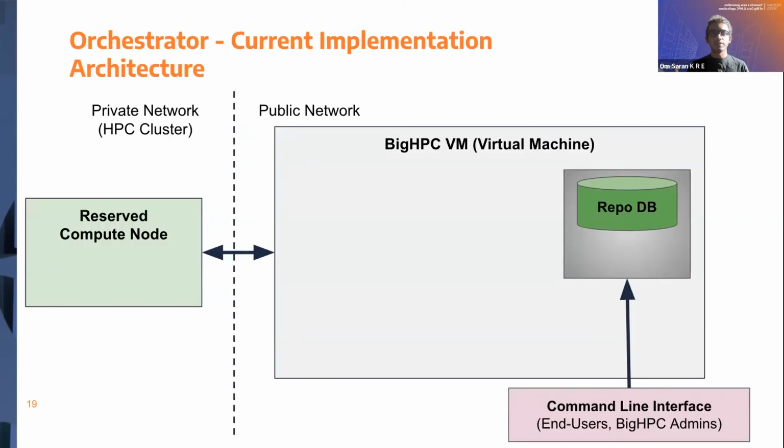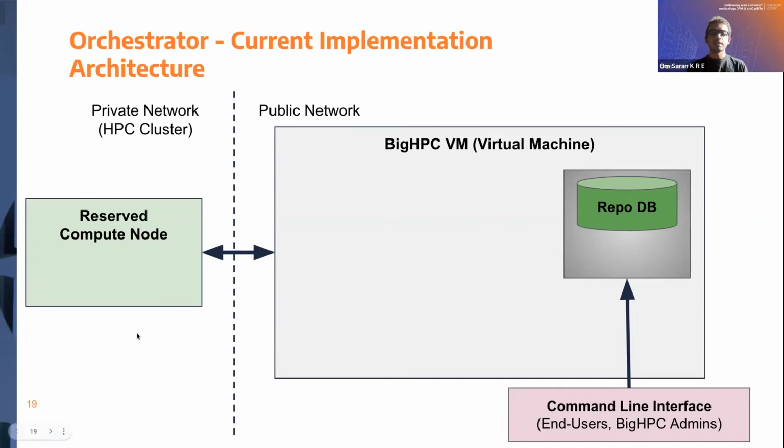So first, let's start with the system architecture. As you can see, we have multiple infrastructure components over here. In the private network that we discussed, we have the HPC cluster, and there is a cluster of compute nodes. This is where the actual program that the user specifies ends up being executed. They're in a private network.